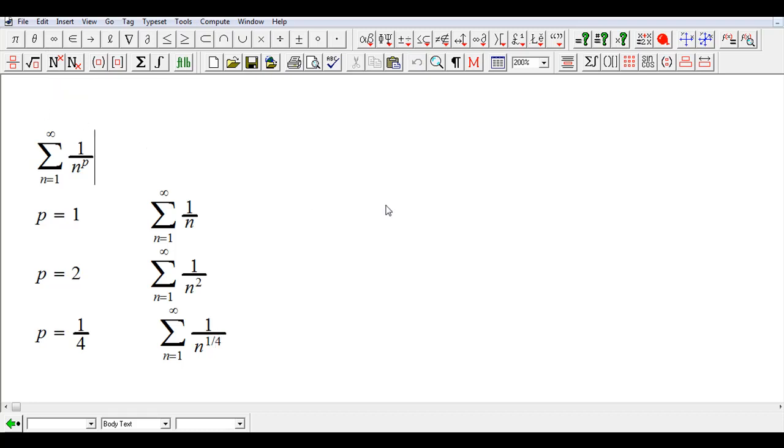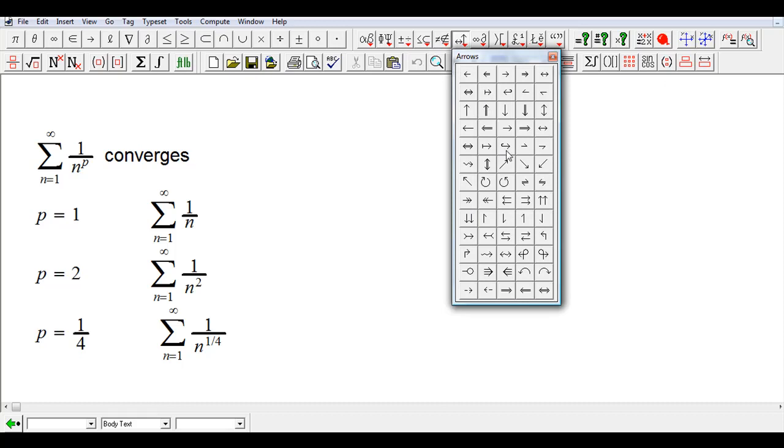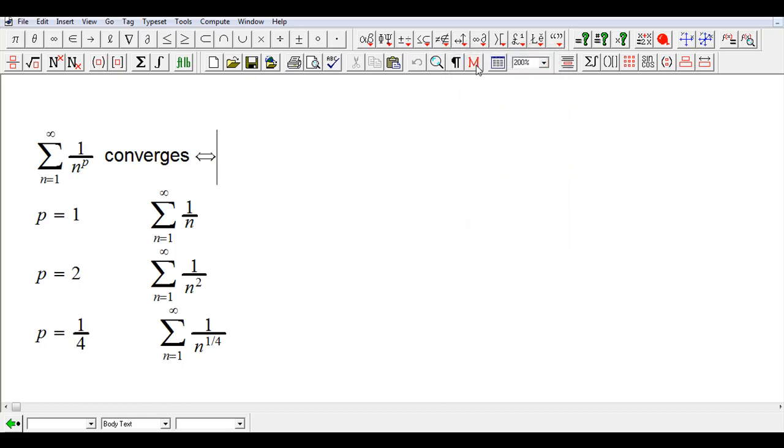Now, this series converges. Converges means the sum was getting closer and closer to a value, like the series we saw getting closer to 1. It converges if and only if P is greater than 1.